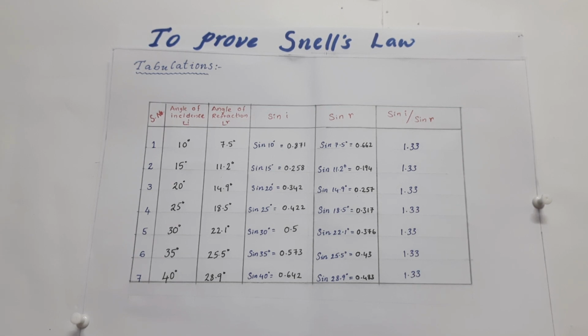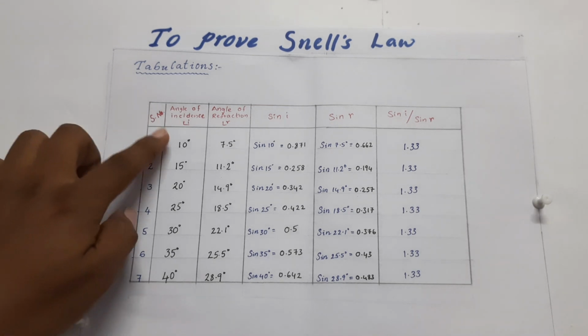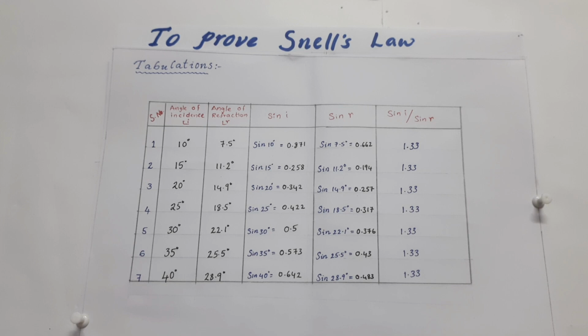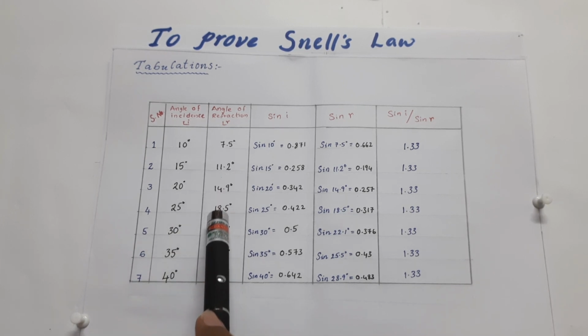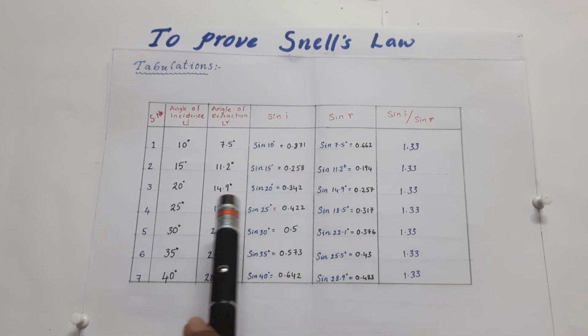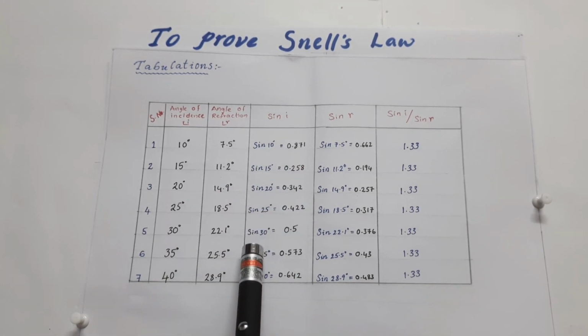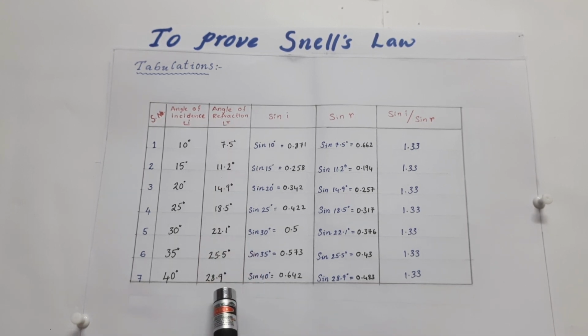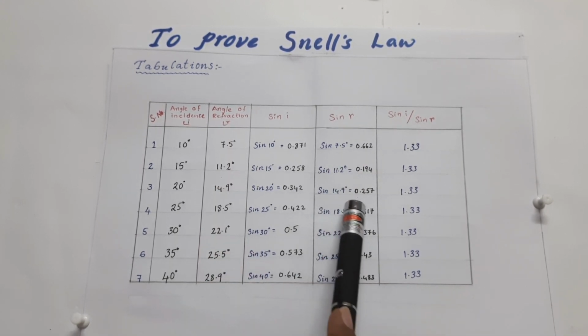So if you observe the table, you can see the angles of incidence and the corresponding angles of refraction. So we have found the sine values for every angle of incidence and sine values for every angle of refraction.